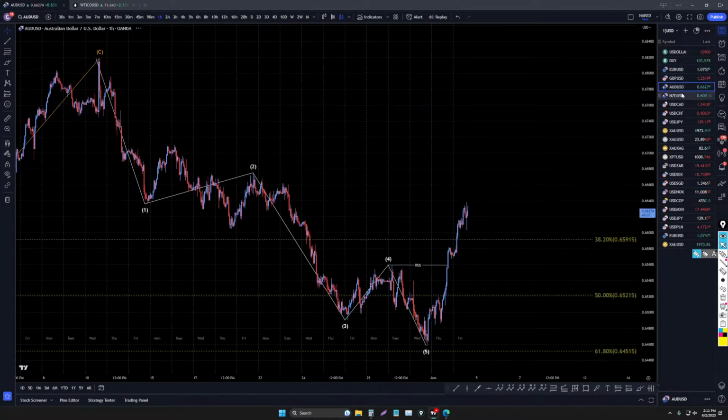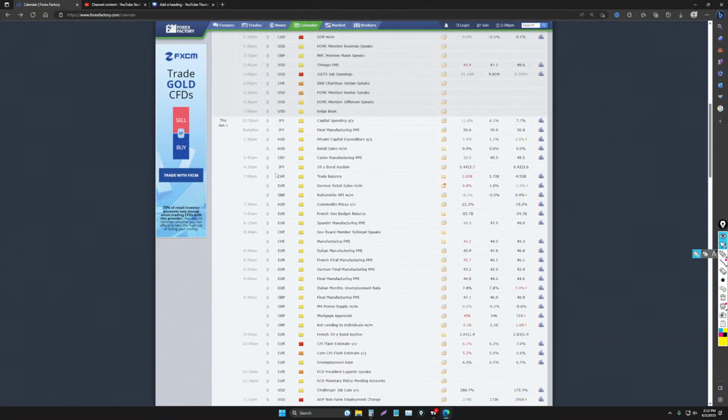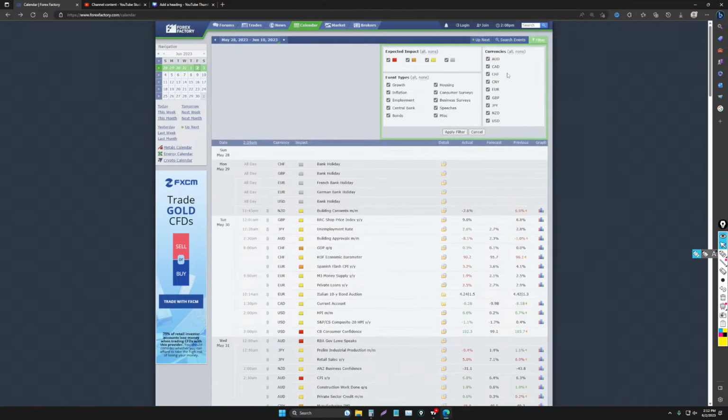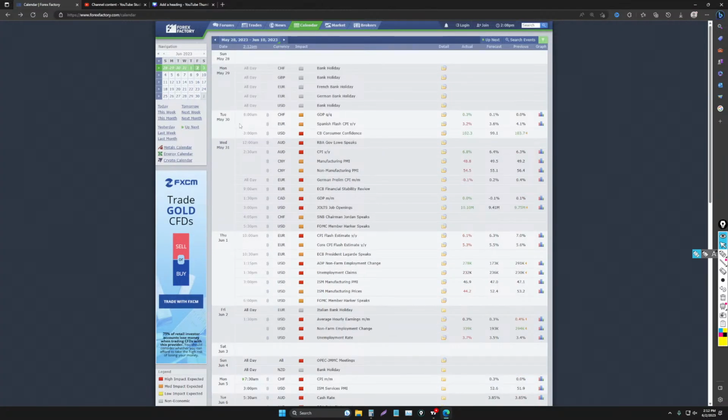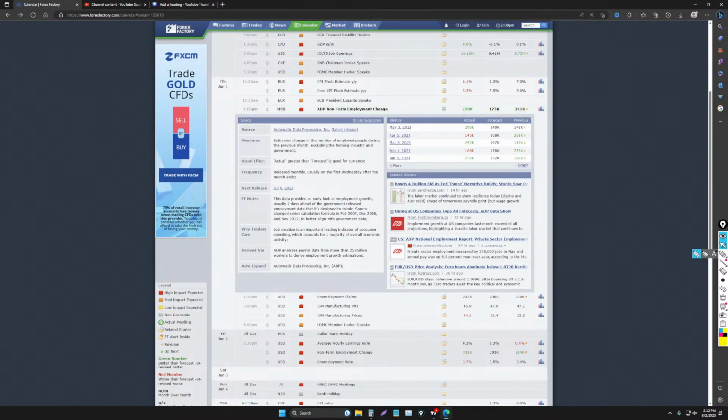And because of that, it made its move yesterday during that news that we had yesterday, which is usually not a big news event. Usually it waits for today. But we had that ADP, non-farm payroll news yesterday.